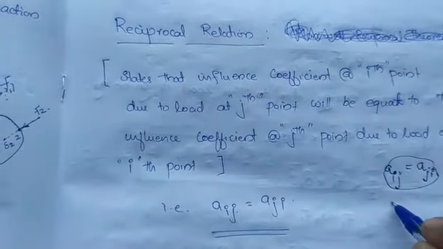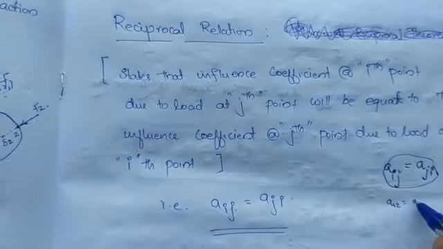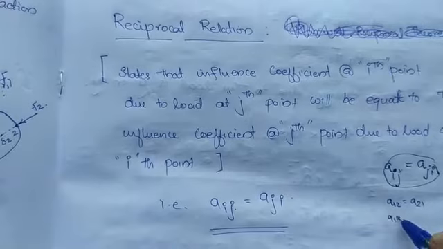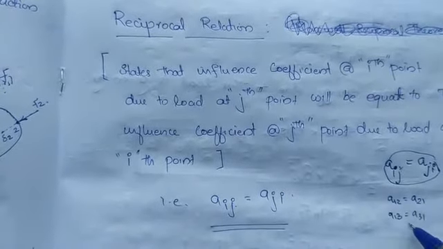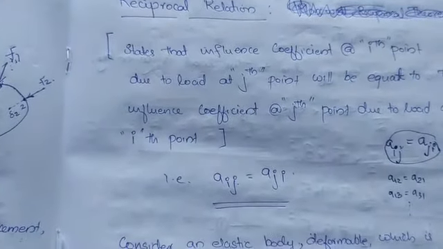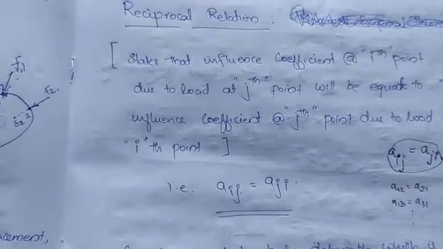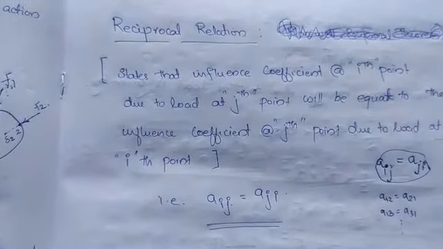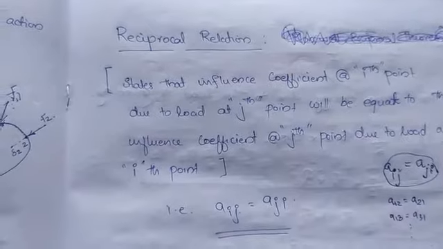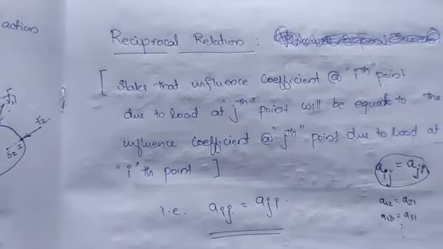That is, A12 equals A21, or A13 equals A31, and so on. Clear? This is what we understood from this reciprocal relation.